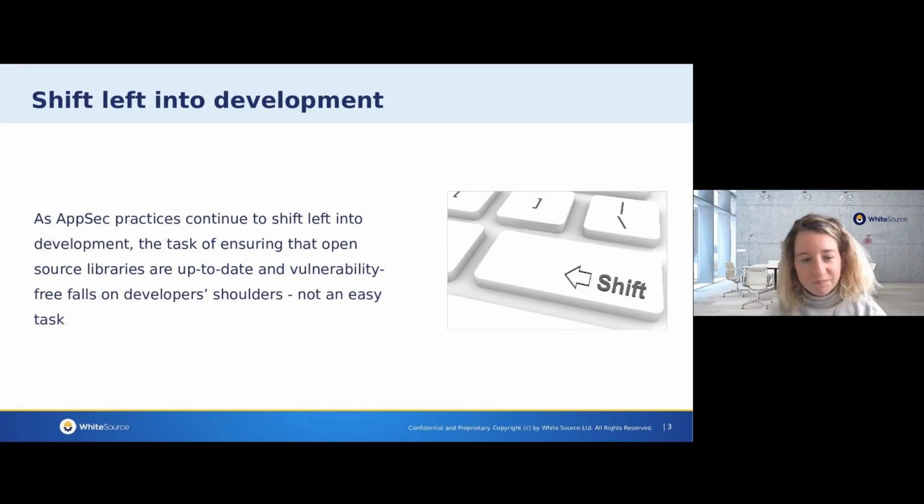open source. And the task of keeping open source components and open source libraries up to date is not an easy one. You probably have so many open source components in your organization, in your development, and you need to make sure that first of all they are valid, they are well maintained, they are not deprecated or unmaintained in any way, and also that you are more or less up to date.